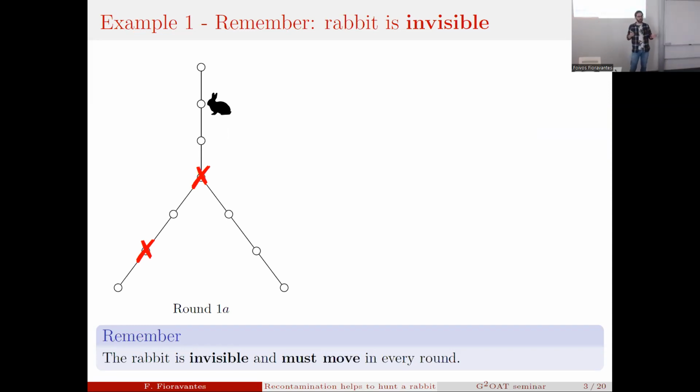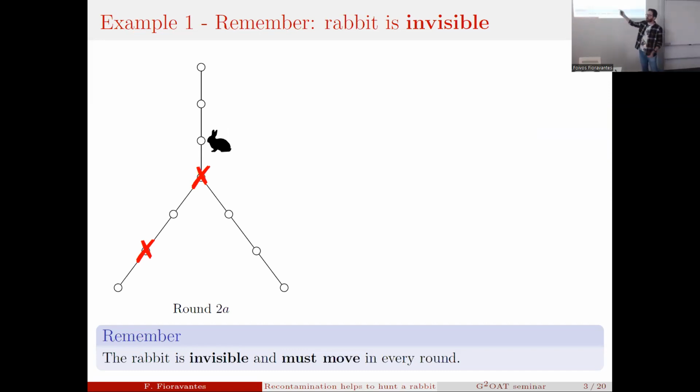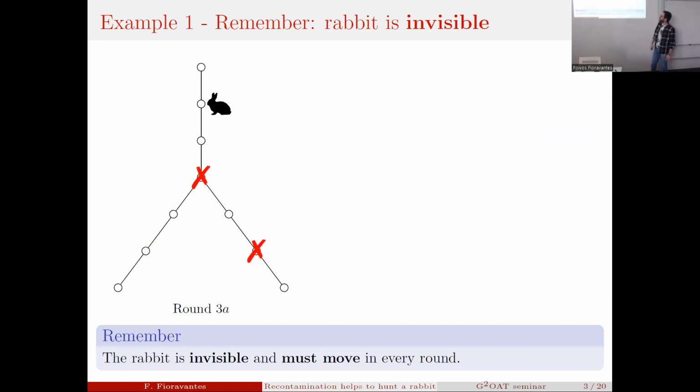Now the rabbit must move. It moves, and it continues. The strategy I'm showing here will shoot again on the same two vertices, and the rabbit needs to move. Then the hunters move on this branch and shoot again, twice on the same branch.